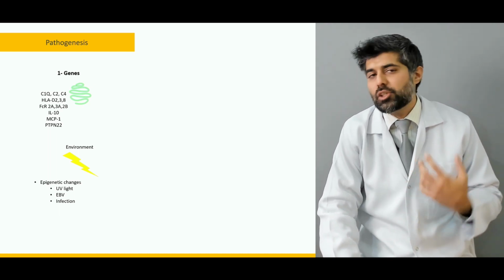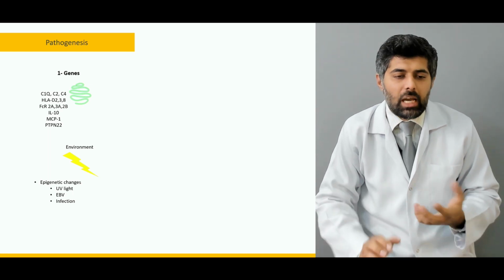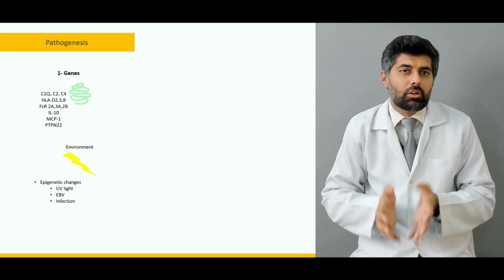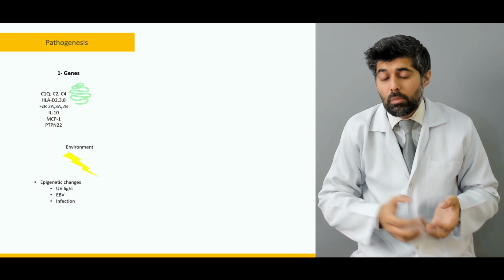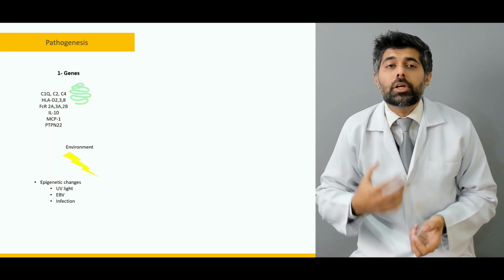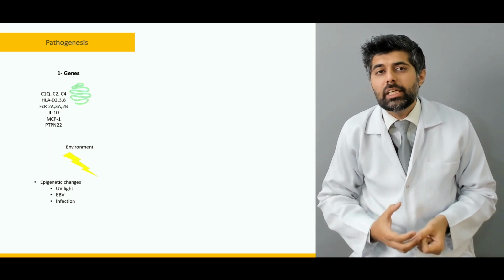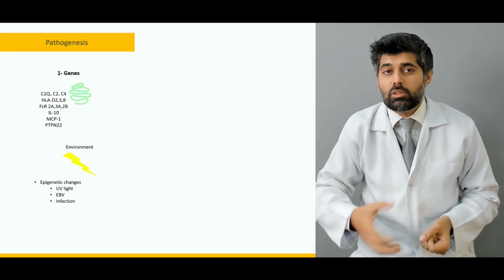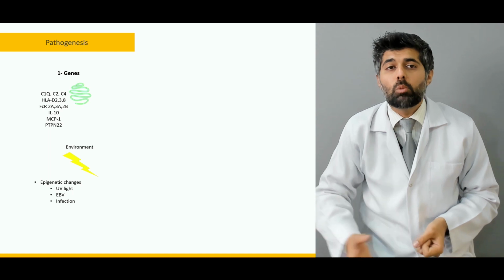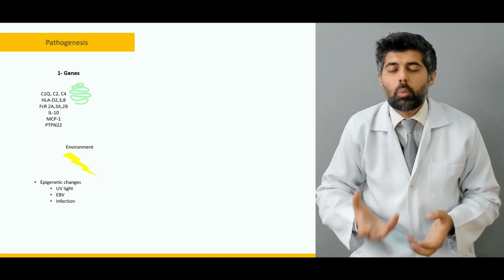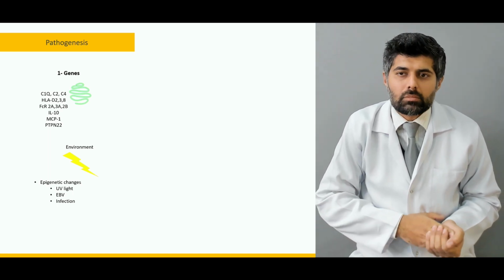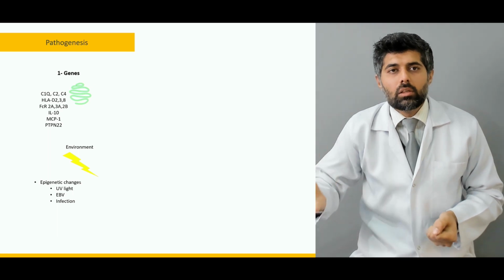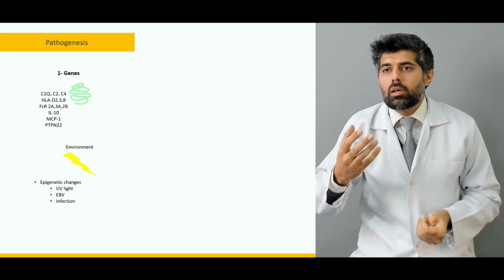One is the epigenetic changes. Now these epigenetic changes include UV light, because we know that ultraviolet light has the tendency to mess up the genetic material or the genome of the body. One common example is xanthoma.